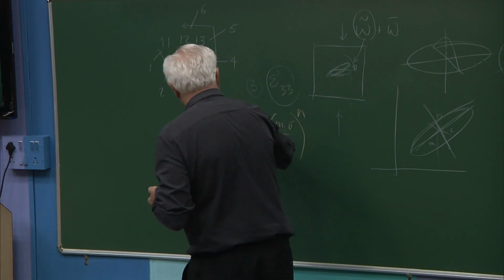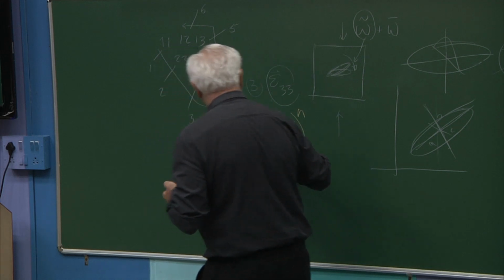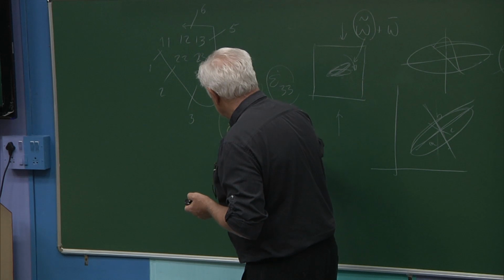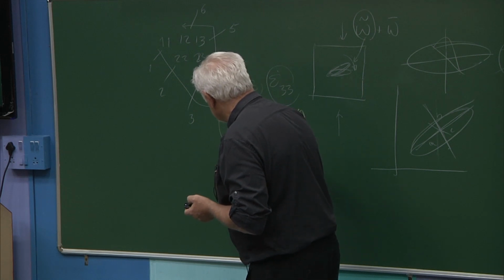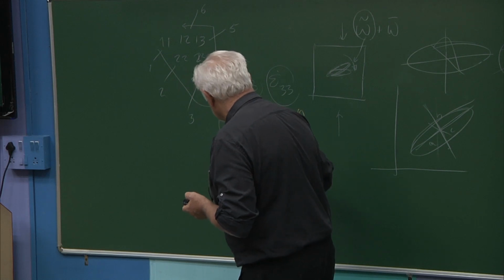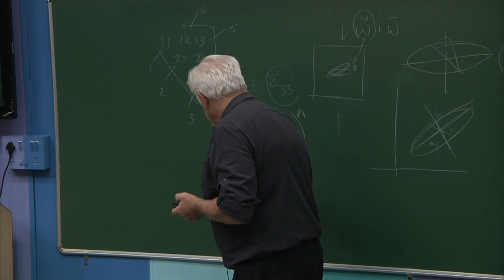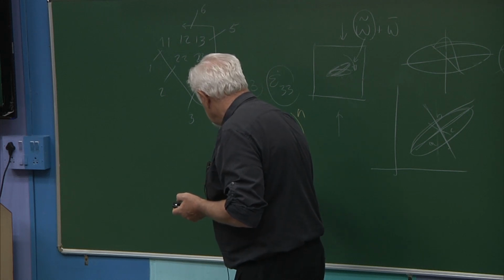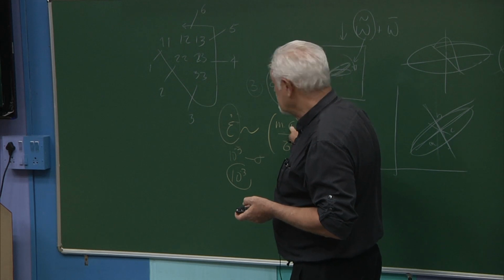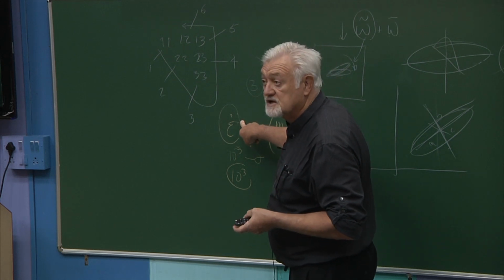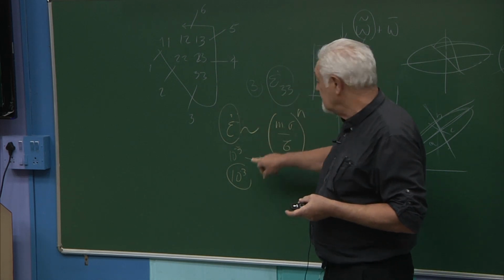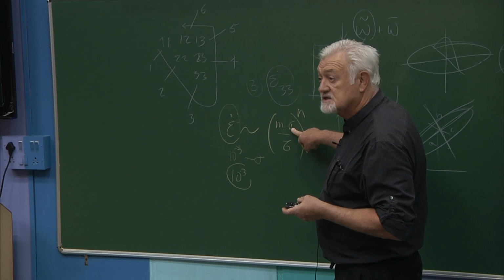So if epsilon dot is proportional to this, and you enforce epsilon dot 10 to the minus 3, you are going to get a value of sigma. Now, if you enforce epsilon dot 10 to the 3, your sigma will have to increase in order to give you 6 orders of magnitude more strain rate. You go from 10 to the minus 3 to 10 to the 3. So your sigma will have to increase.